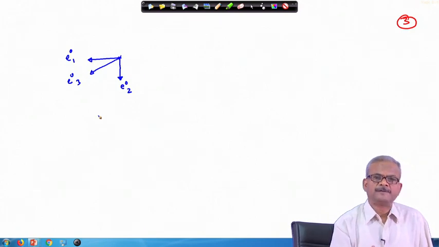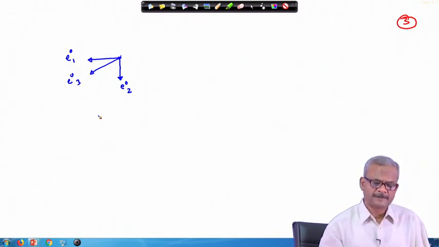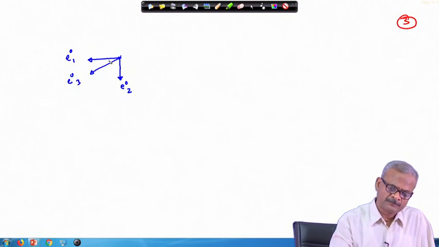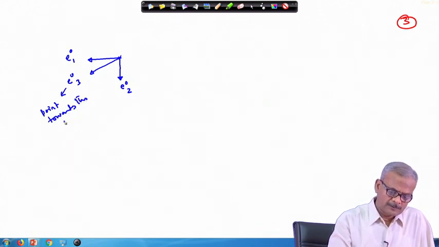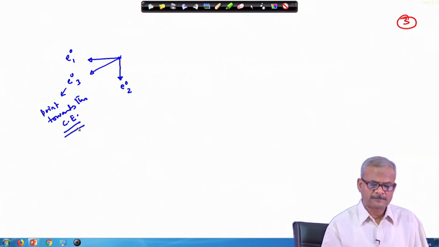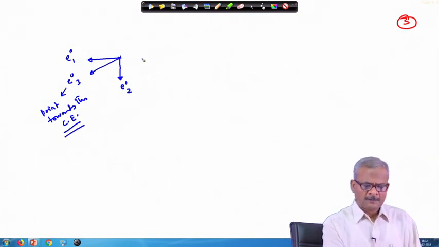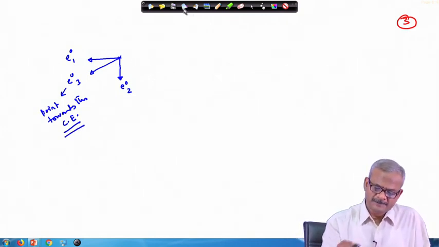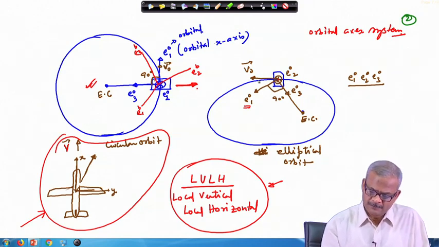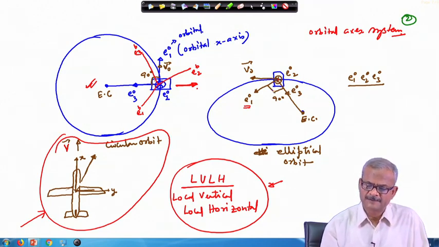So, E1, E2, E3, this is the right hand rule we are applying, and this points toward the center of earth. Okay. Now, this is what we have discussed. This is your orbital axis system.